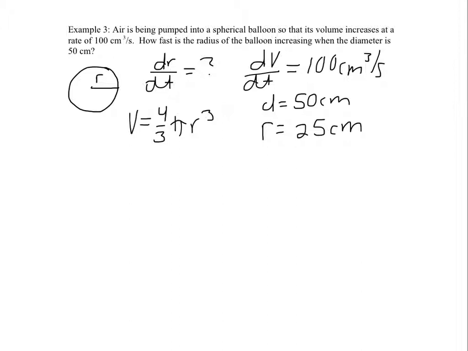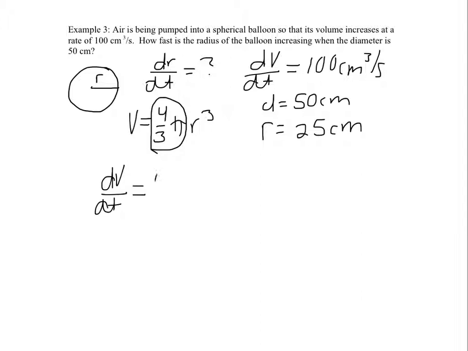We know we're trying to find dr/dt, so we're ready to go ahead and differentiate this with respect to time. So we would have dV/dt because the derivative of V would be 1, but it's not a t, so we have to tack on V prime, which would be dV/dt. And now, if we differentiate the next one, we can think of this whole thing as a coefficient to r.